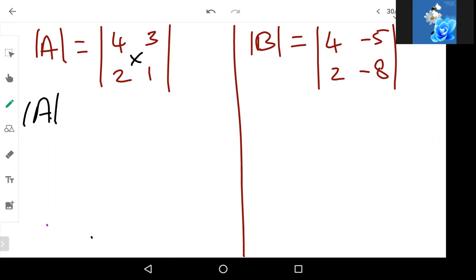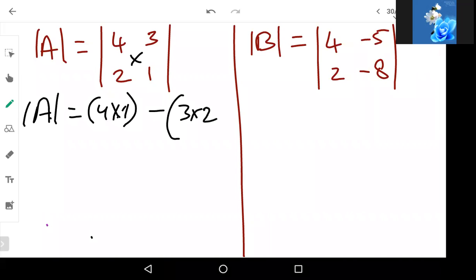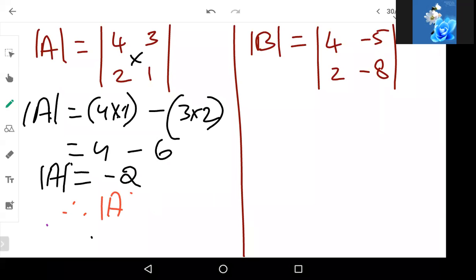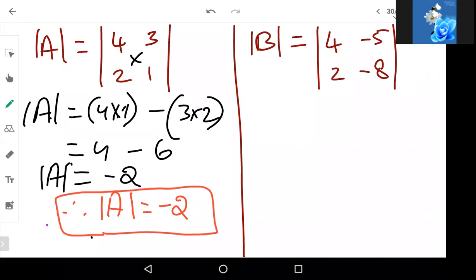So here, 4 into 1 minus 3 into 2. 4 ones are 4 minus 3 twos are 6. So the value here is minus 2. Therefore, determinant A is equal to minus 2. That's all. I just cross multiplied the numbers and then subtracted both the numbers. So we get determinant A directly.